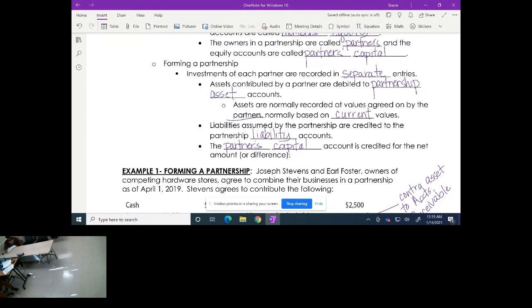So if you see book value on one of these problems, that's what it comes from. But when you're forming a new partnership, that doesn't matter. That matters on the old set of books. Let's look at it like this. Let's say you've got your own business you've had for a while and you decided to go into business with a friend. And let's say you had some equipment where the book value is $7,000, but if you tried to sell it, you could get 10.